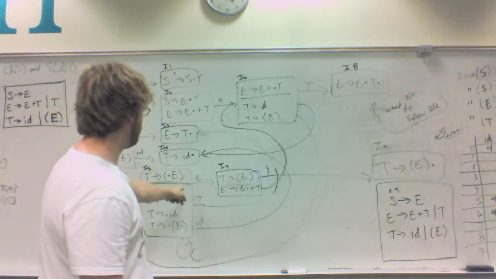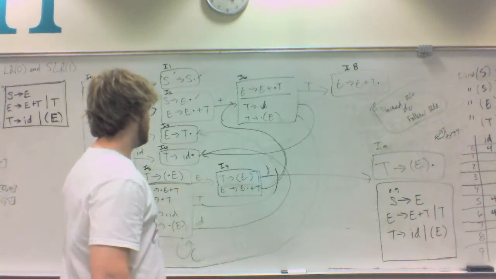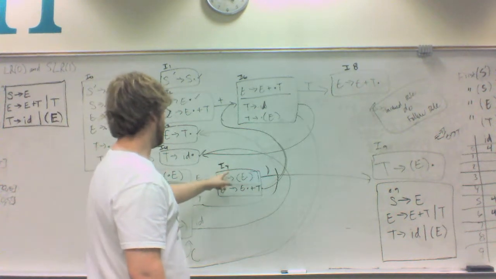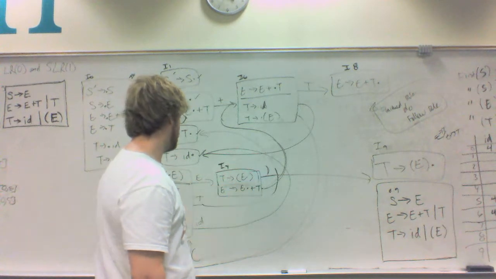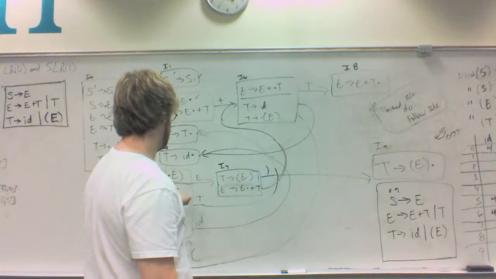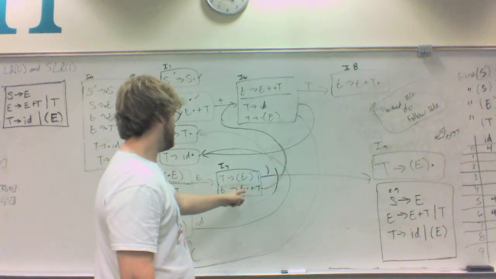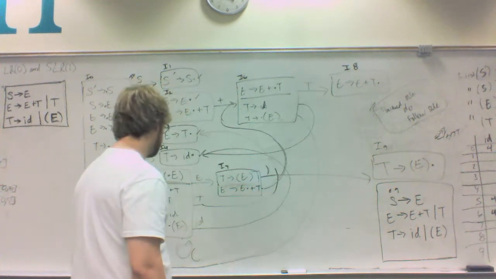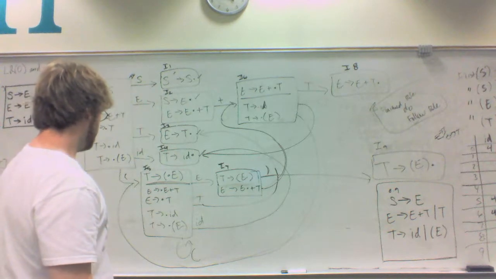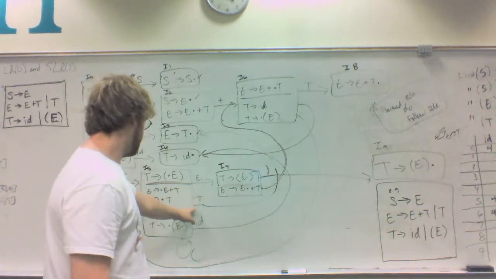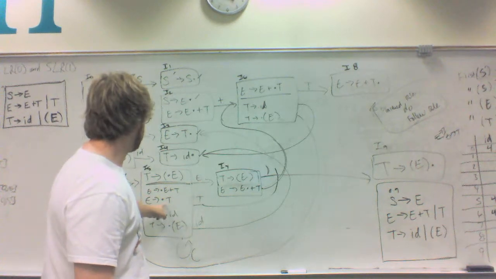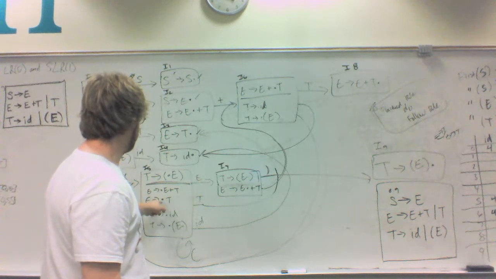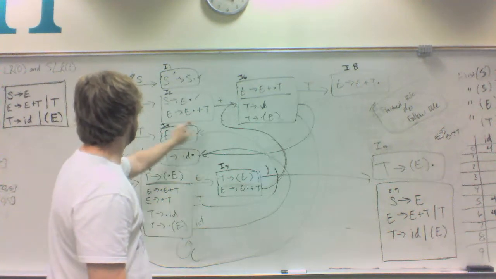Coming from I5, we can see an E. This will create node I7: T goes to open parenthesis E dot close parenthesis, as well as E goes to E dot plus T. Now we can also see a T coming from node I5, and this will create E goes to T dot, which is our node I3.